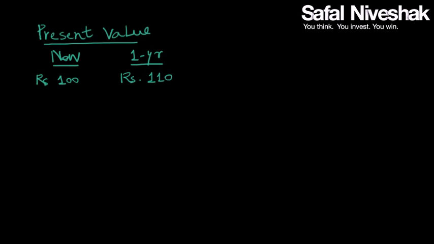Option 1, where I give you 100 rupees now, or option 2, where I give you 110 rupees in a year from now? Suppose you say, I want 100 rupees now, because you want to be more certain with the money you get, so you don't believe in me. You say, I'll rather put that money in a bank and earn 5% interest and get 105 rupees certain in a year from now.